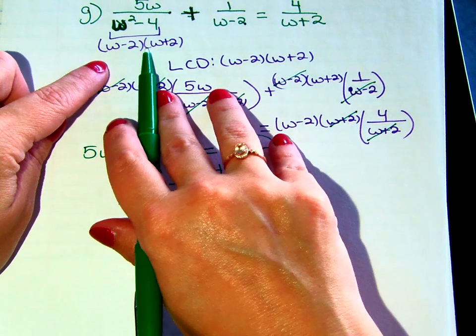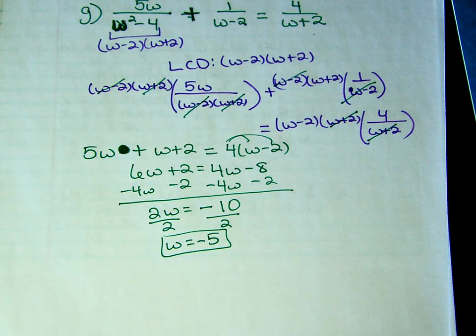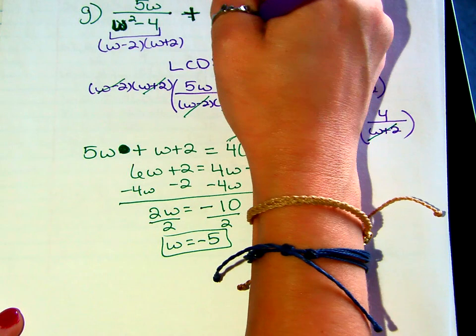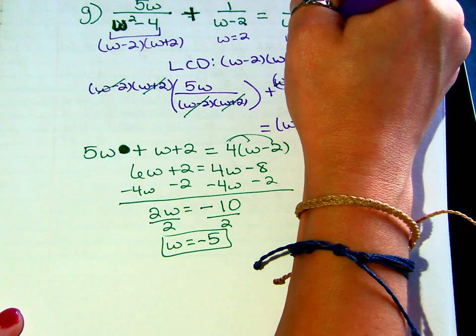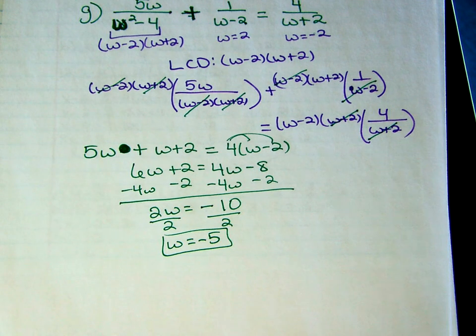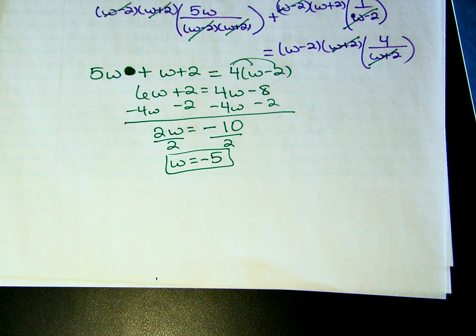So really, it's w minus 2 and w plus 2. So the only time my denominators would go to 0 is when w equals 2 and w equals negative 2. That's when my machine breaks. But I found w equals negative 5. So we're fine. That doesn't produce an extraneous solution. It doesn't give me 0 in my denominator. I am good to go.